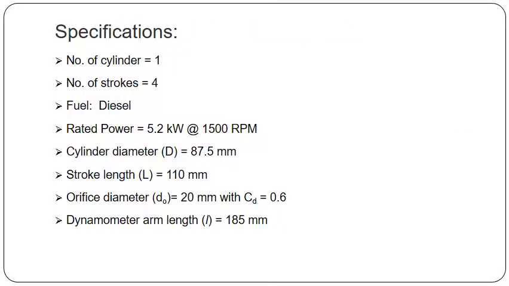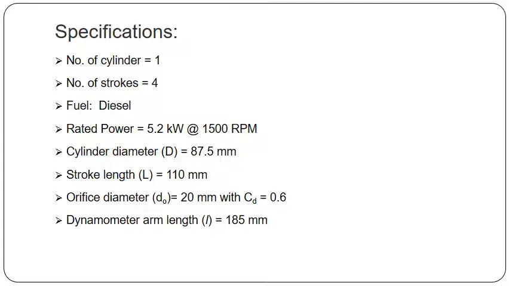Now, as far as the specification of this engine is concerned, it is a single cylinder, 4-stroke engine, purely used for diesel. Rated power output is 5.2 kilowatt at 1500 rpm. Rated power gives you maximum efficiency at this output.